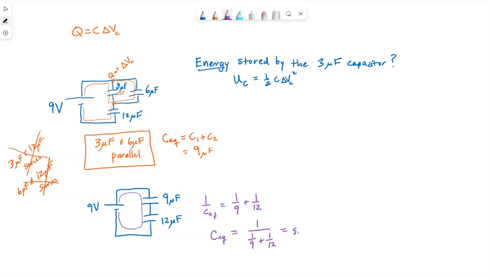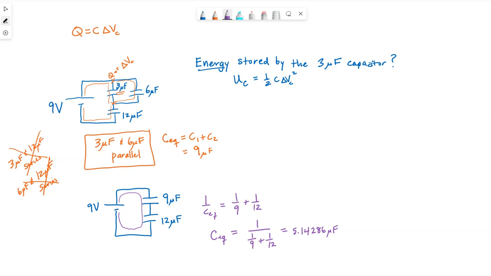This one doesn't turn out as pretty as the last one. We get a decimal answer. So 5.14286. That's more digits than I need to, but I want to go a few.